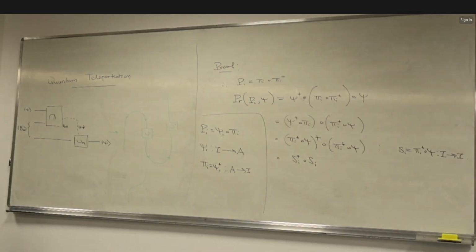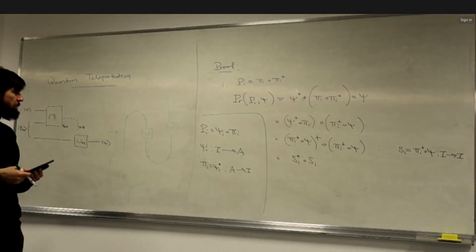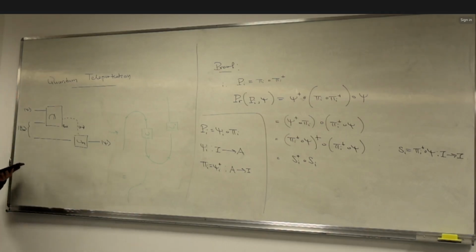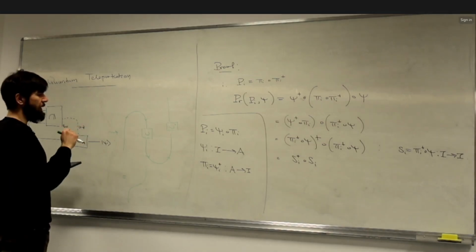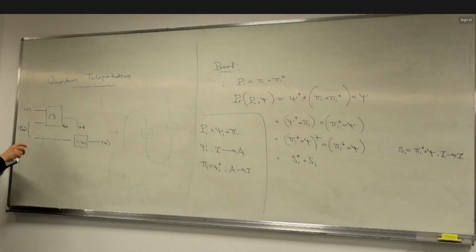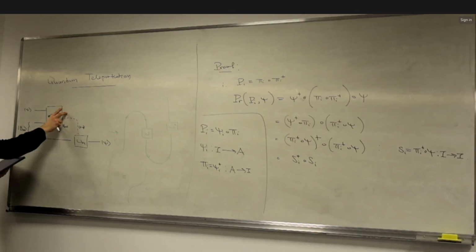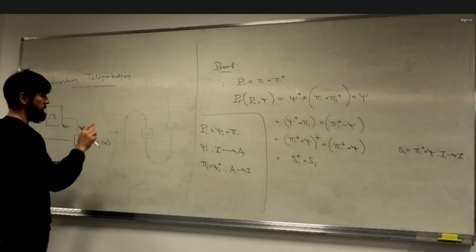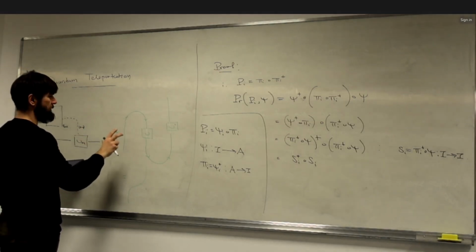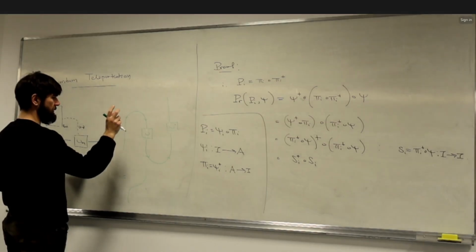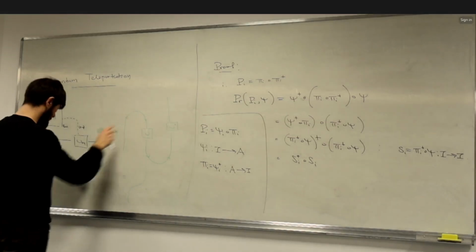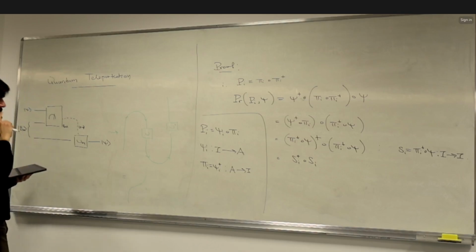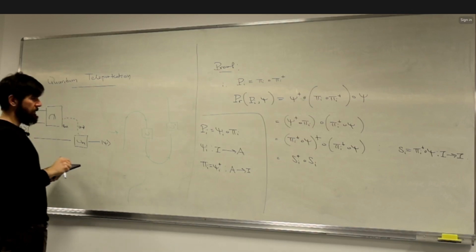Wait, how does the first one work compared to the second? How does the first one? Ah, okay, very good. So if you look at the first one, you have two basic properties. You have the preparation of this Bell state, and then also this measurement here. Okay, so the preparation is going to be, if I'm not mistaken, this part of it. One second. No. Bottom to top.